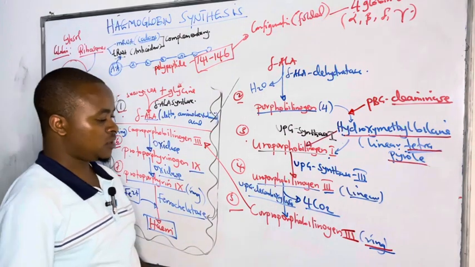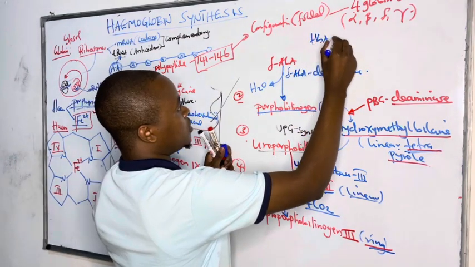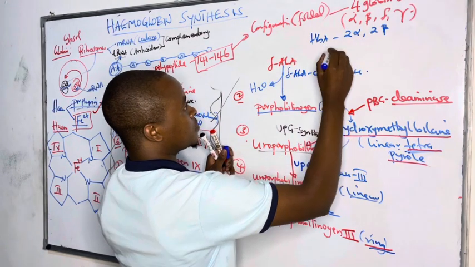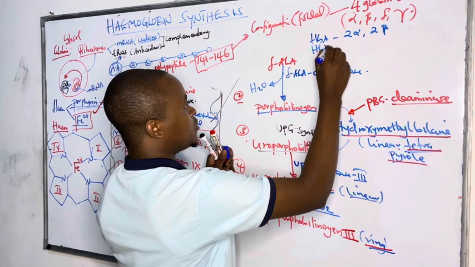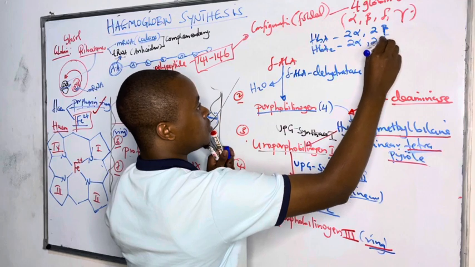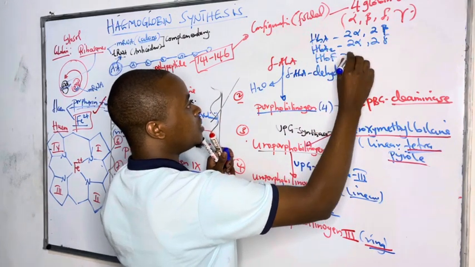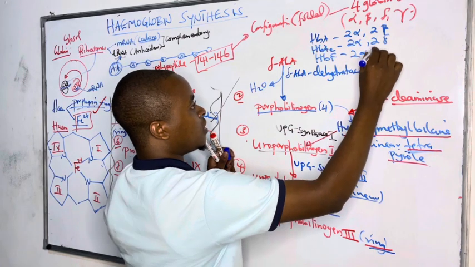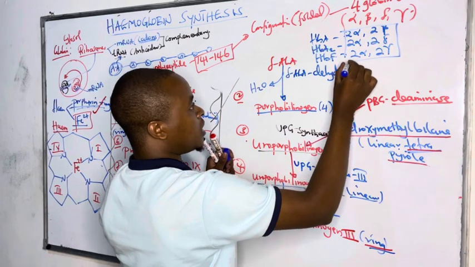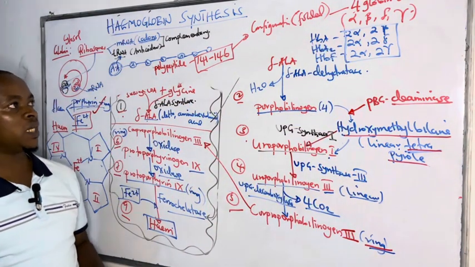If it is HbA, it has 2 alpha and 2 beta. If it is HbA2, it has 2 alpha and 2 delta. If it is HbF, that is the fetal hemoglobin, it has 2 alpha and 2 gamma. So the globin chain depends on the type of hemoglobin which is being synthesized.